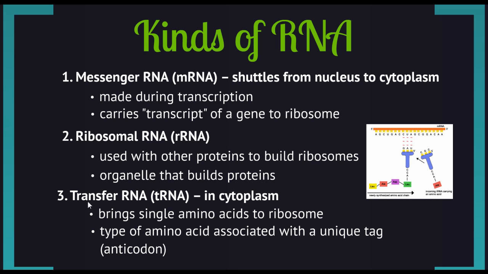Sous chefs in a kitchen are going to prepare ingredients and bring them to the chefs. In this case, you have a different sous chef for every single ingredient. So someone's bringing you eggs, and someone's bringing apples, and someone's bringing sugar. Eventually you put all this together and you end up with an apple pie, or in this analogy that would be the final protein.